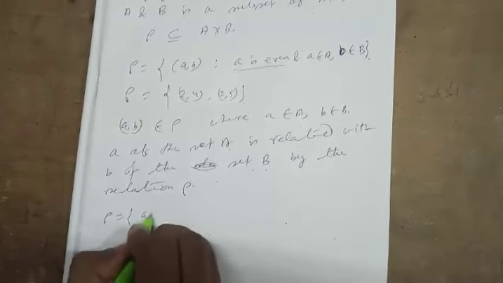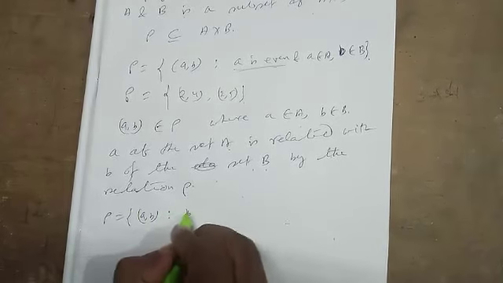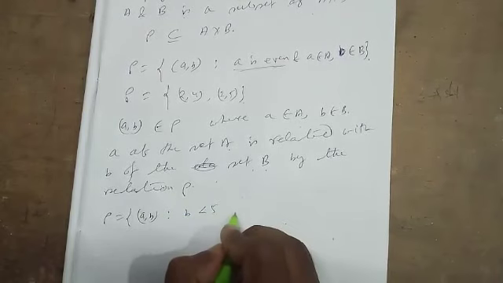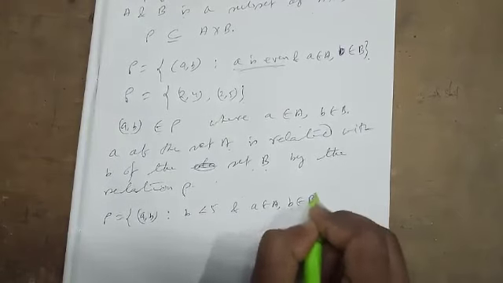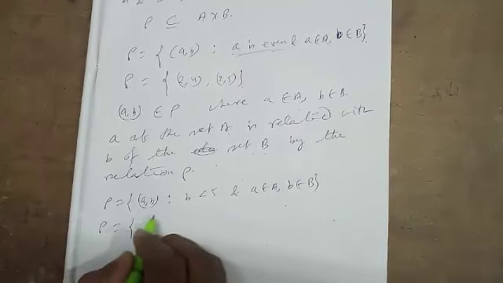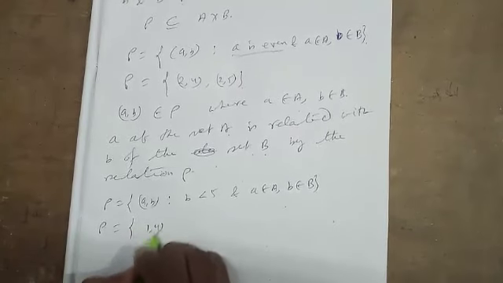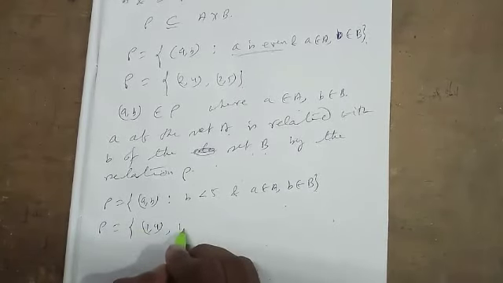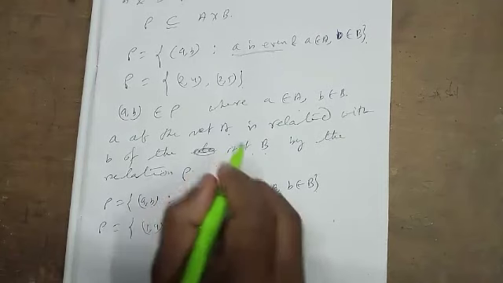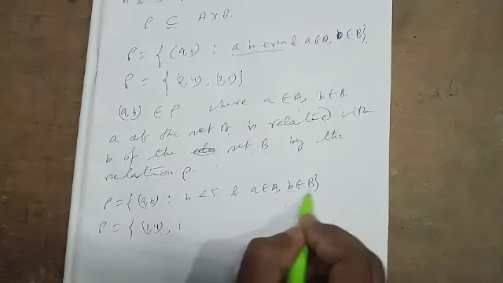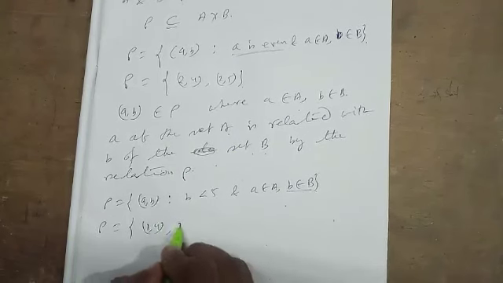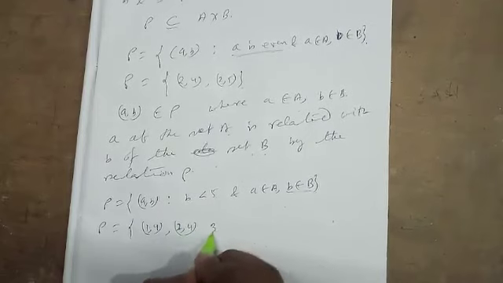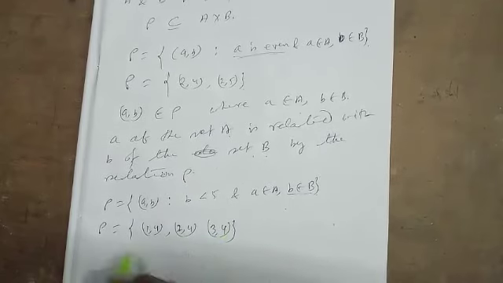Let rho be the set of elements (a, b) such that b is less than 5, and a belongs to A, b belongs to B. That means rho will be the set of elements (1,4), since only the second element 4 is less than 5, then (2,4) and (3,4).